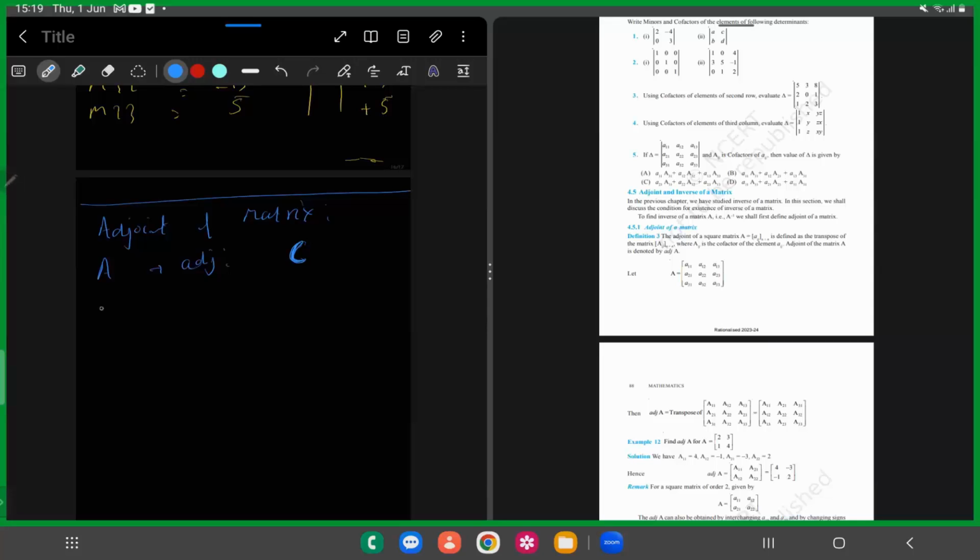Let's say we have some matrix with rows a1, a2, a3; b1, b2, b3; c1, c2, c3. Let this be our A matrix.